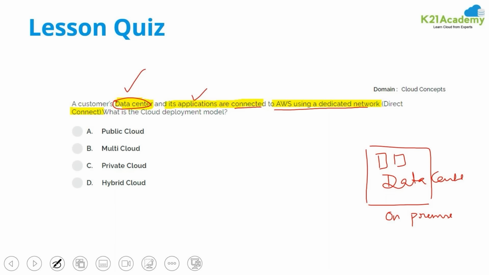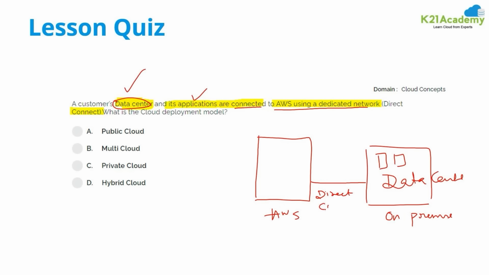Okay. And they are connected to AWS cloud using a direct connect link. This is a public cloud. So now tell me whether it is a public cloud, multi cloud, private cloud, or hybrid cloud.